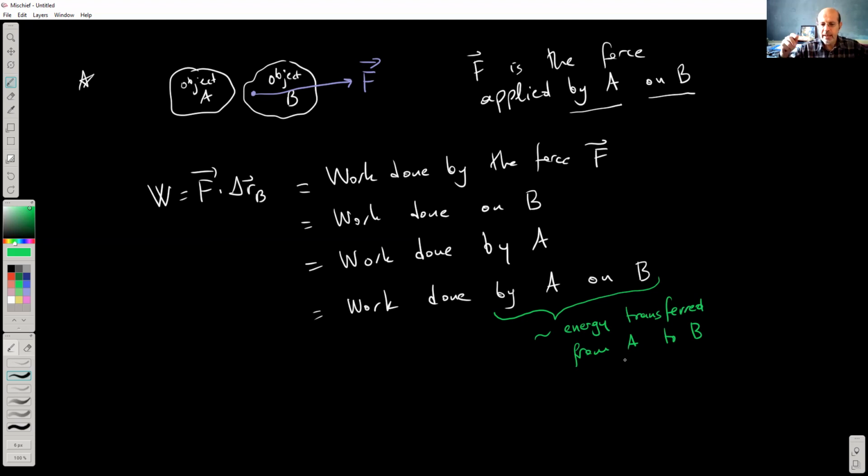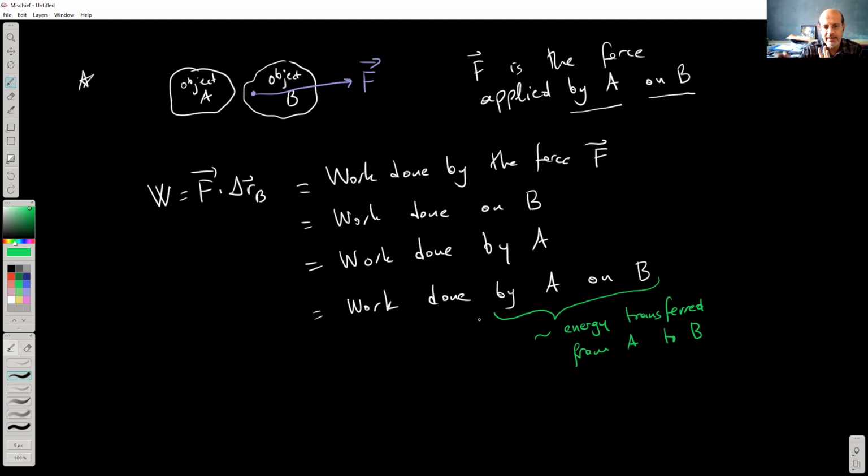But as a result, this is how you may imagine work: when A does a positive work on B, somehow A loses some energy and B gains some energy. So it's basically a transfer of energy from one object to the other one. That transfer might be positive or negative.